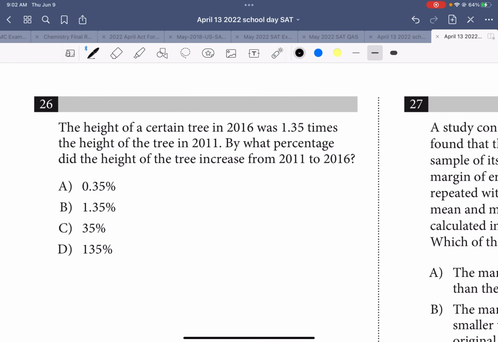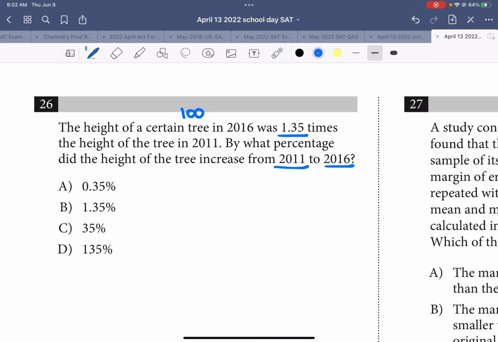Number 26. The height of a certain tree in 2016 is 1.35 times the height of the tree in 2011. By what percentage did the height of the tree increase from 2011 to 2016? So for my convenience, let's say 100. That is equivalent to 100%.